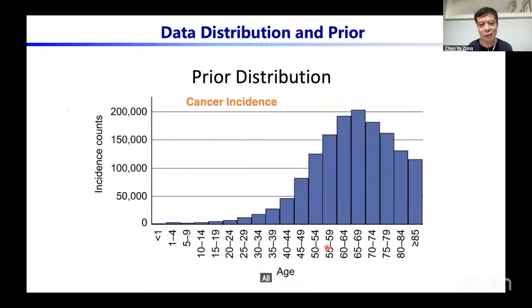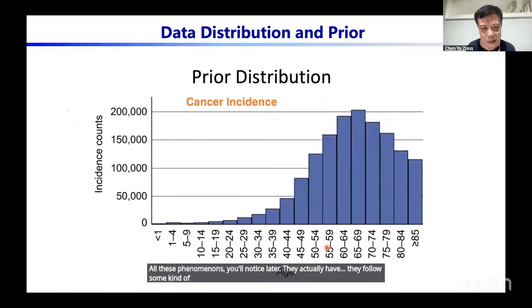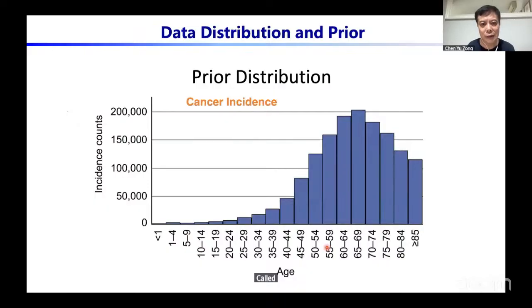All these phenomena, you notice that they follow some kind of statistical pattern called the prior distribution. Prior means that they actually follow predetermined, predefined knowledge of certain distribution.